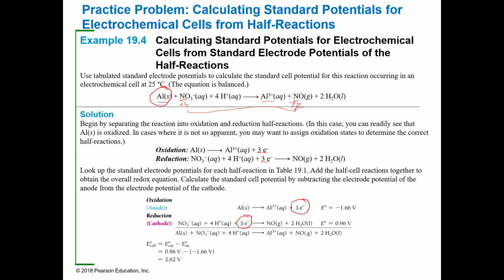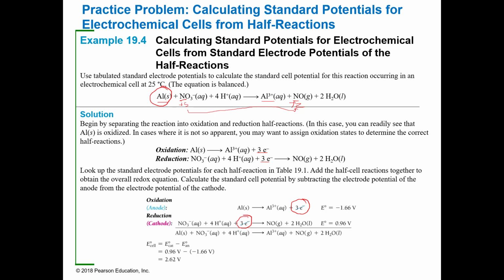You find the standard reduction potentials from a table. You plug in the cathode, you plug in the anode, and it's cathode minus anode. So it's 0.96 minus a negative 1.66. That's going to be a positive 1.66 plus 0.96, and we get 2.62 volts.